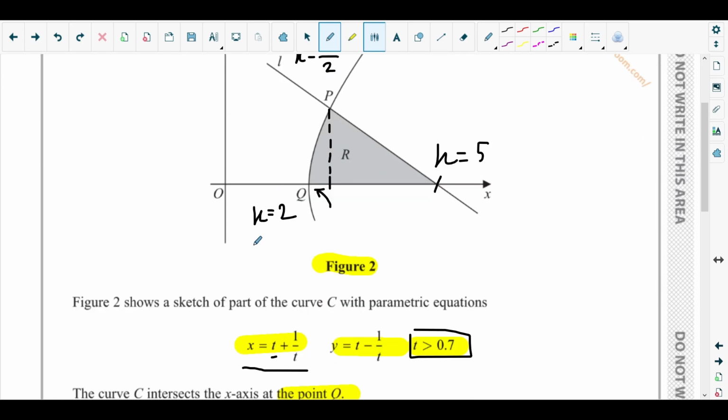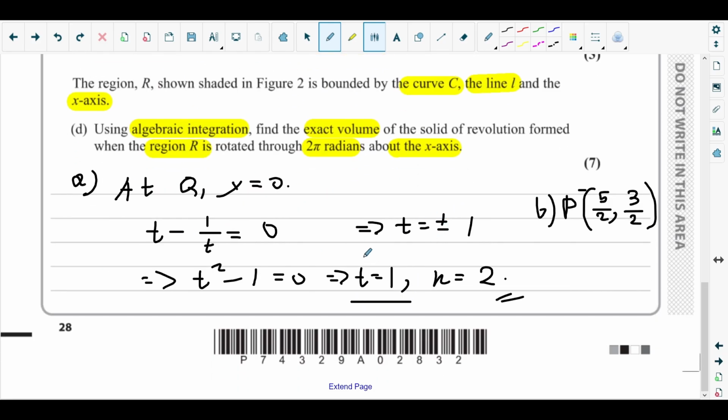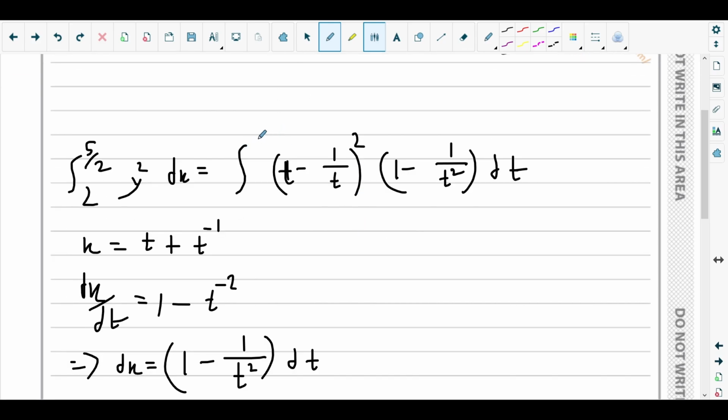And at point Q, the value for t is 1. Right? We got this in part A. So the upper limit would be 2 and the lower limit would be 1. That's it. So we got the whole integral in terms of t. Now it's time to expand that.